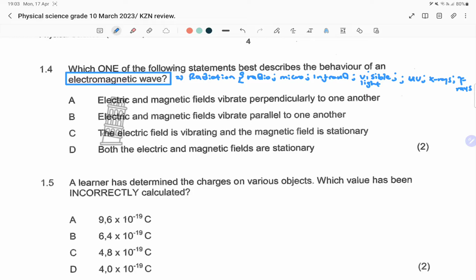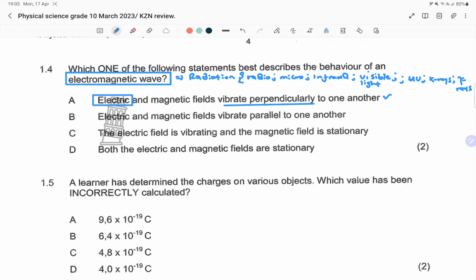So now what do we know? The electric and magnetic fields vibrate perpendicularly to one another. That is true. That is one thing you need to know, because it does have an electric field because there's electrons, isn't it?